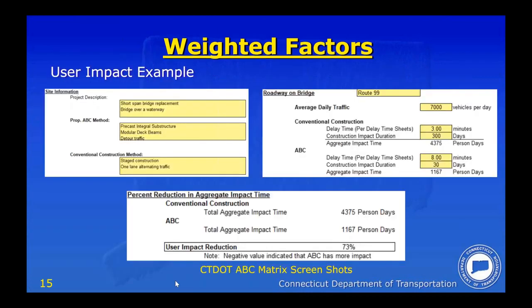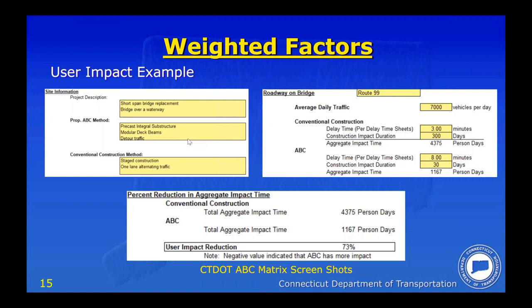So, weight factors. This is an example of the results of the delay time computed for both conventional and ABC construction. This is our sample bridge, a short span bridge replacement over a waterway. That means there's no roadway underneath to contend with.